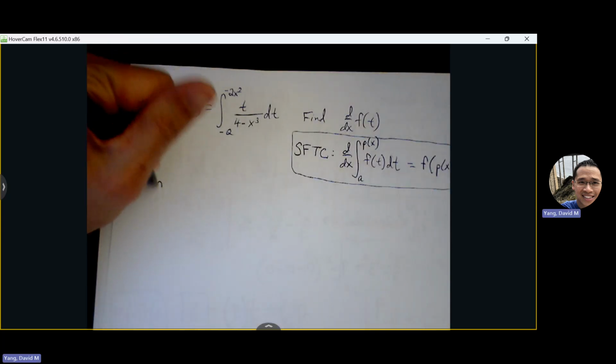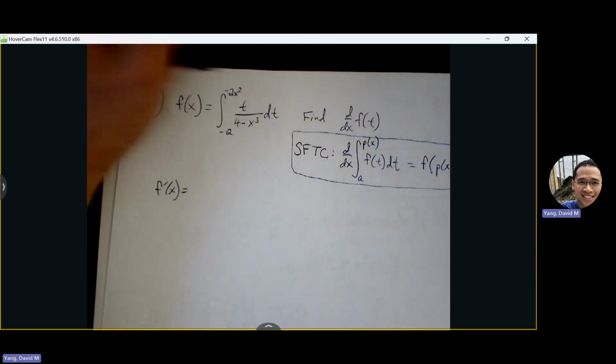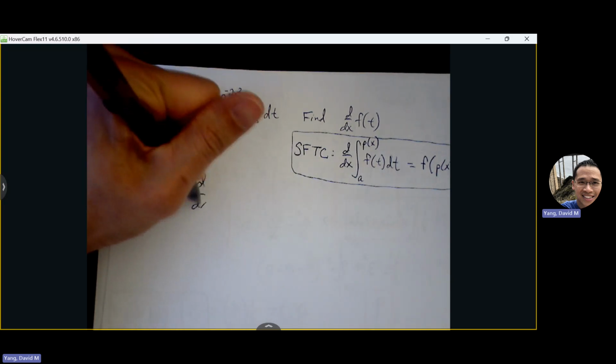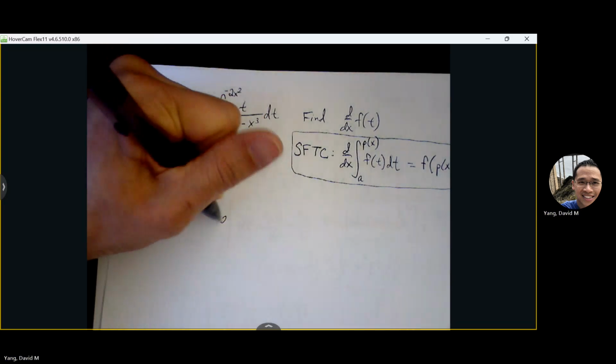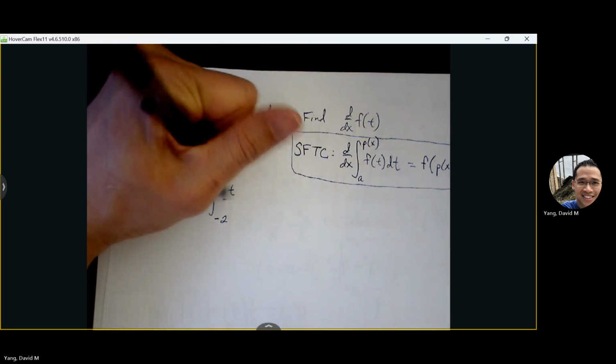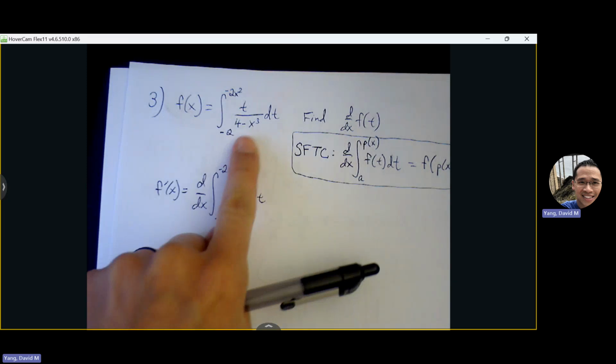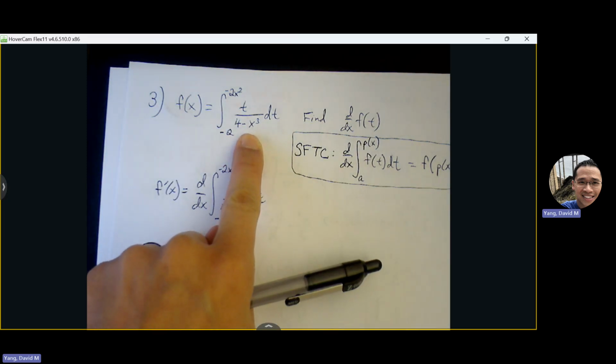So if I want to find f prime, I'm essentially asking for the derivative of this expression. Sorry, everything should be t's, not x's.